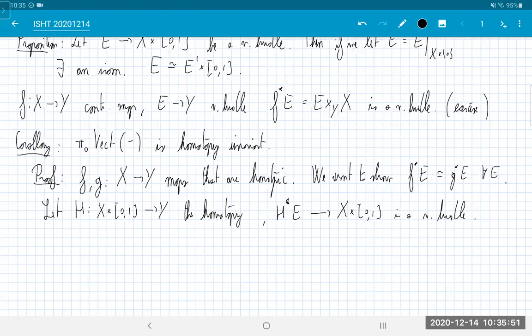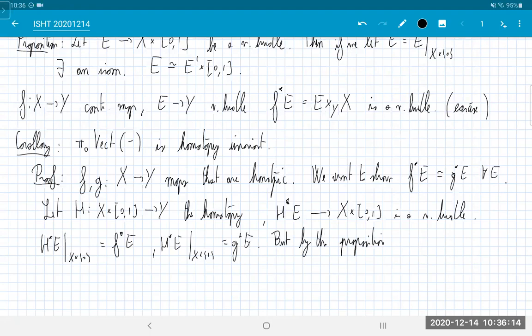And H upper star of E restricted to X times 0 is exactly f upper star of E, and H upper star of E restricted to X times 1 is g upper star of E. But by the proposition, they need to be isomorphic, because E is the same thing as f upper star of E times [0,1], and then its fiber over 1 is obviously the same as f upper star of E.